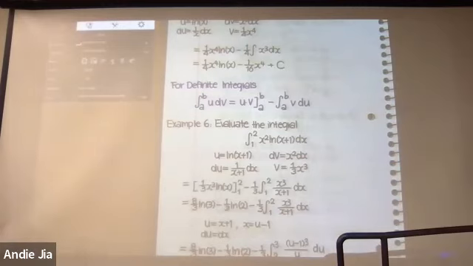Here's some algebra trick. What is u minus 1 cubed?